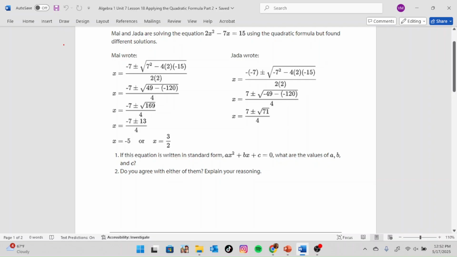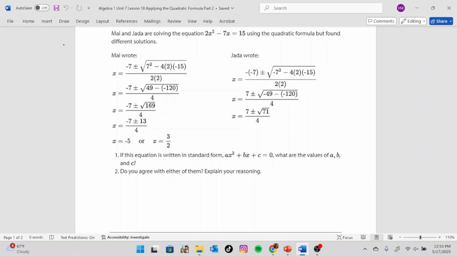Now we can begin the practice problems for Algebra 1, Unit 7, Lesson 18. Mai and Jada are solving the equation 2x squared minus 7x equals 15 using the quadratic formula, but found different solutions.